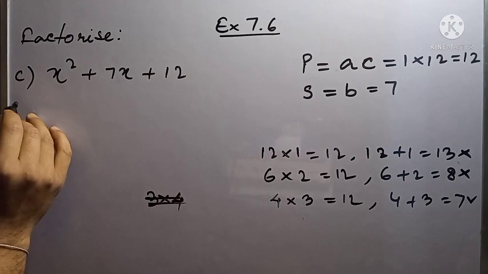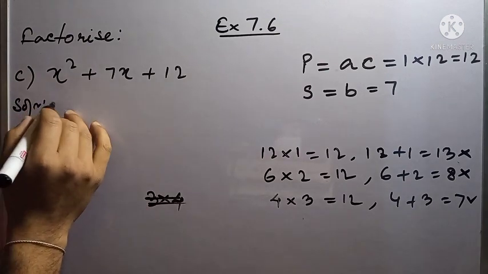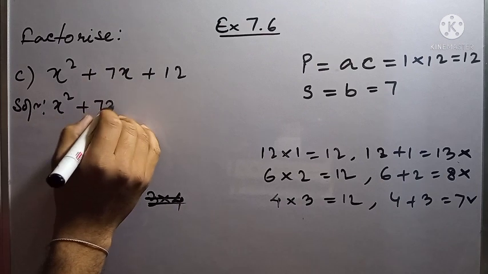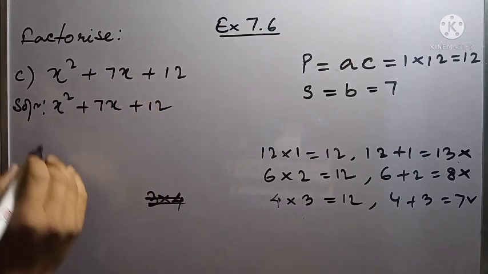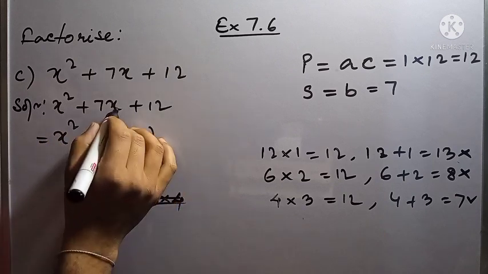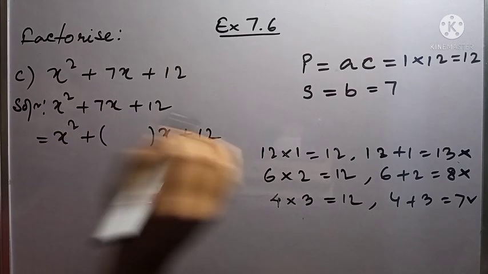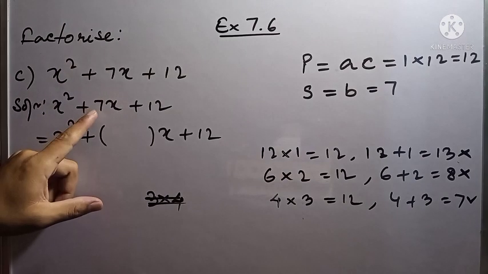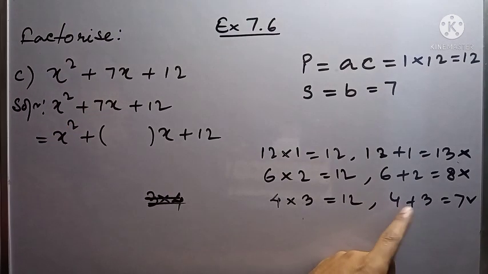So what happened here? Solution: x squared plus 7x plus 12 equal to x squared plus this x I'll write here, then plus 12. Now in place of this 7, I'm going to write 4 plus 3.